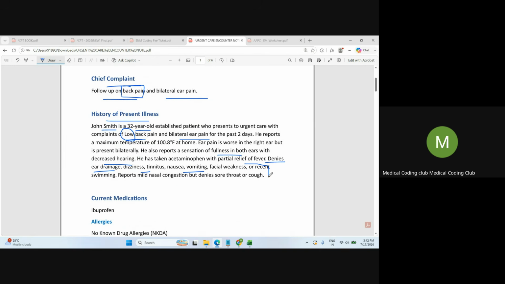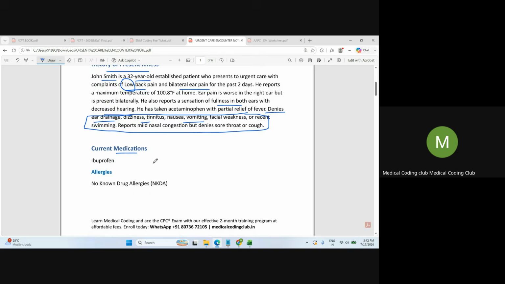So he does not have any of these, because he's denying all of these symptoms. You cannot consider whatever he denied, as these do not exist in the patient. Only what he reports, you can consider.